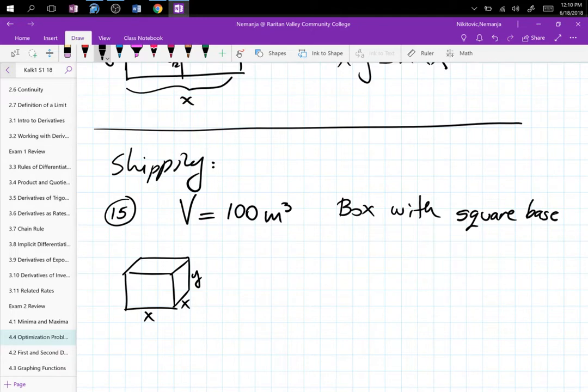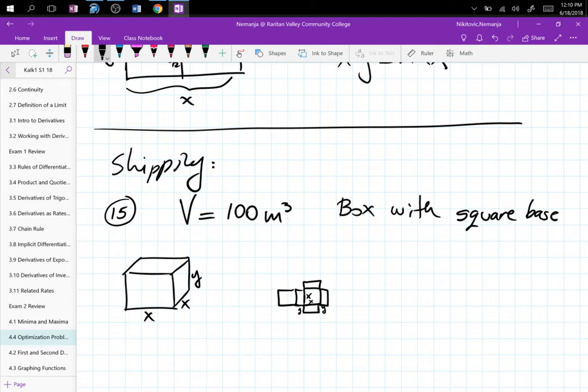And for this square base, I'm going to actually draw a diagram of what it looks like when I break that box apart. And we can see x's inside and y's on the shorter side.